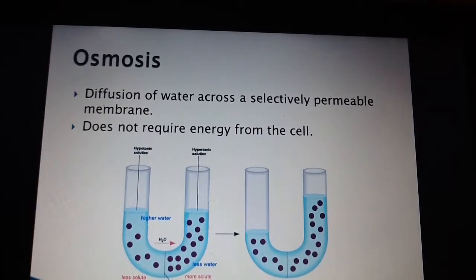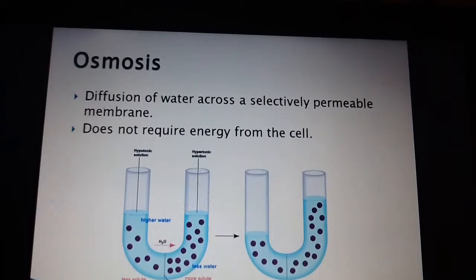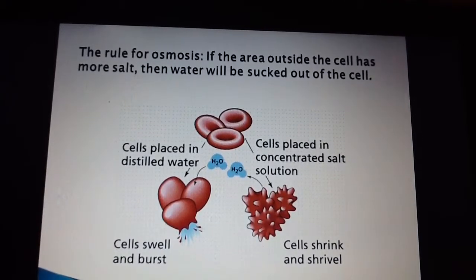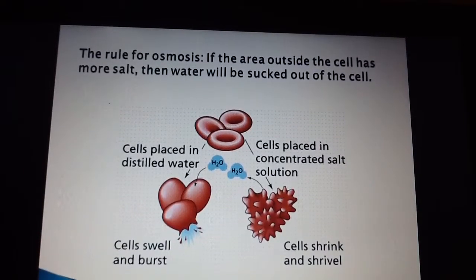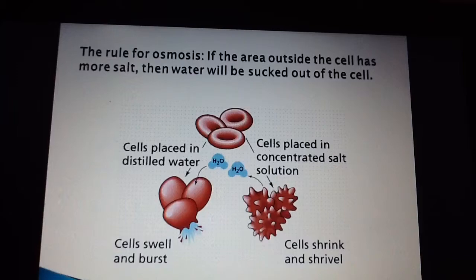The side labeled hypertonic would be the side that the water is going into. It has more solute than it does water. Here's an important diagram that you should know in regards to osmosis. It says the rule for osmosis: if the area outside the cell has more salt, then water will be sucked out of the cell.